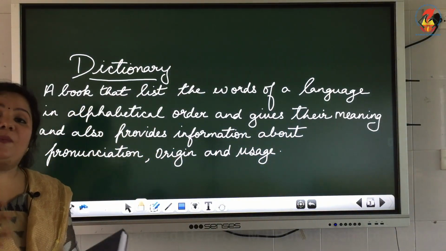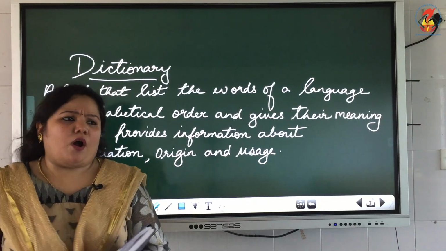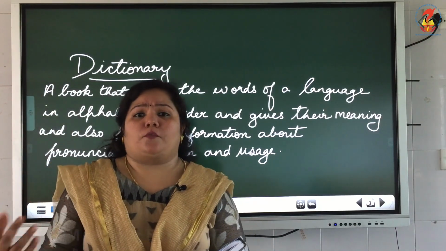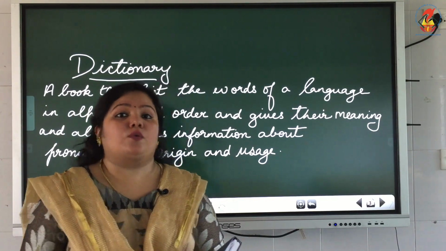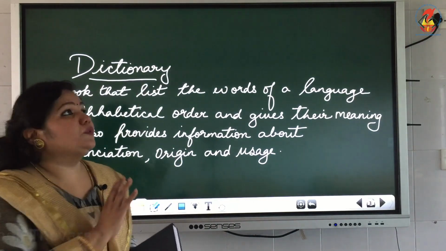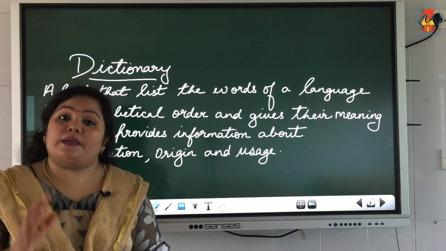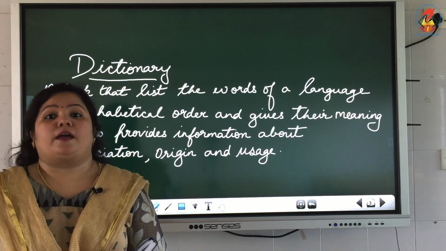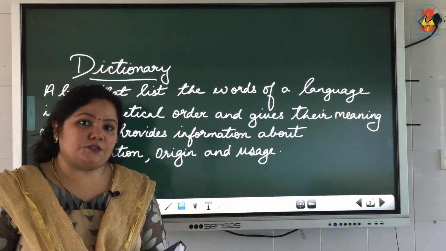Now, we are basically dealing with dictionary since we are learning English, right? It's not possible for all of us to know the meaning of all the words around. So, when we have any doubt, what do we do? We refer to dictionaries, right? Dictionary provides us the meaning of different words, and that too according to the alphabetical order, right, children?